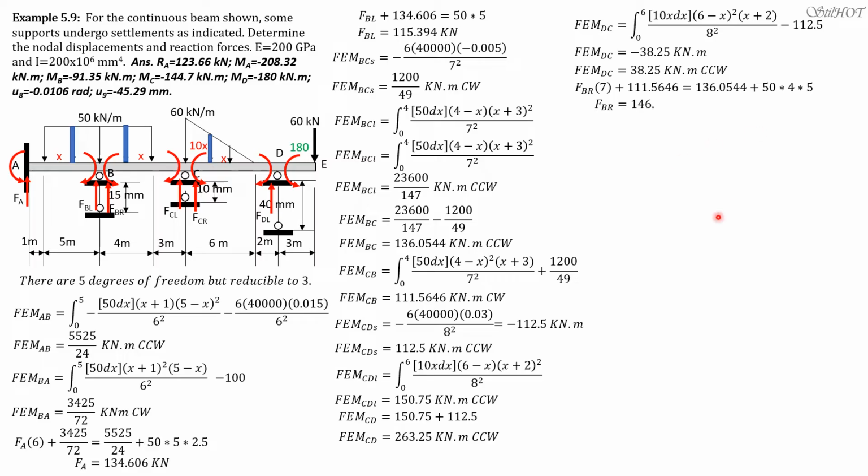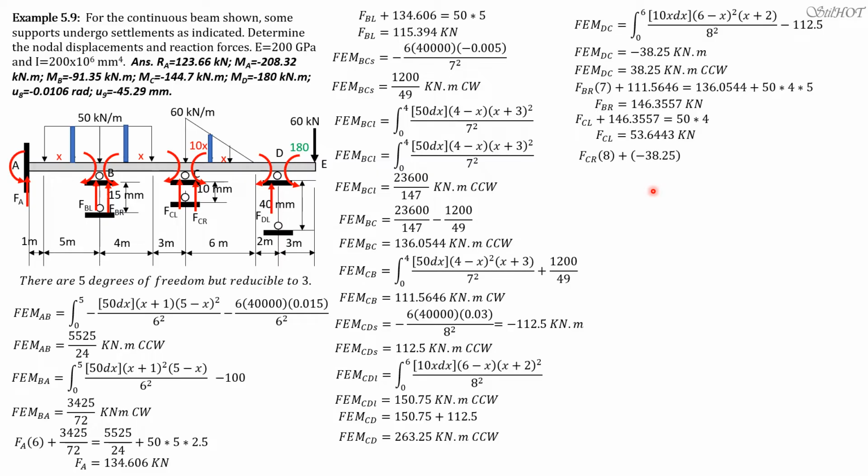So FBR is 146.3557 kilonewton. Summation forces Y in BC equals 0. So FC left plus 146.355 equals 50 times 4. So FC left equals 53.6443 kilonewtons.